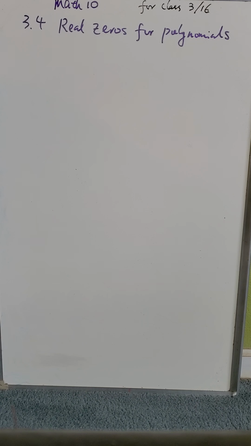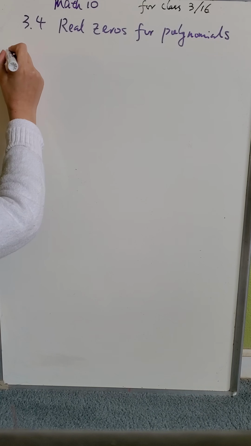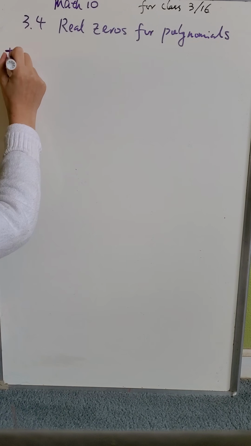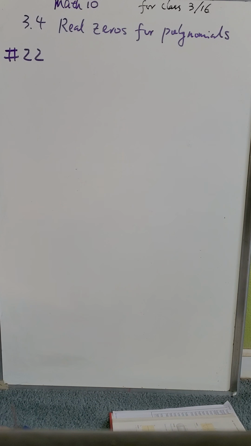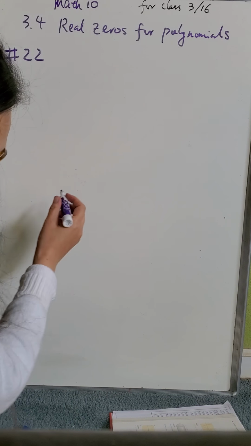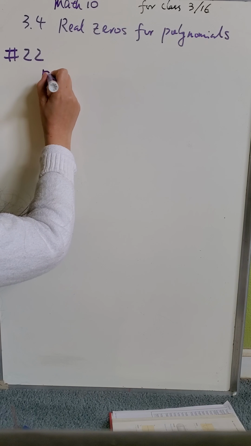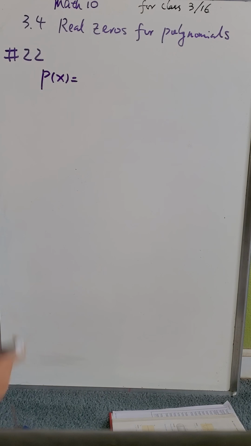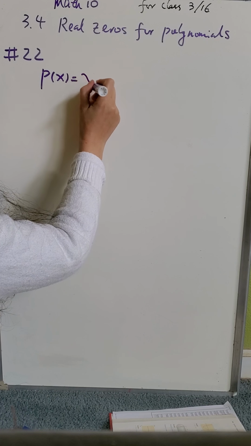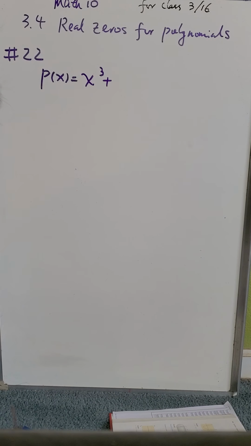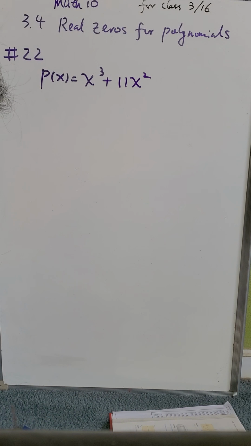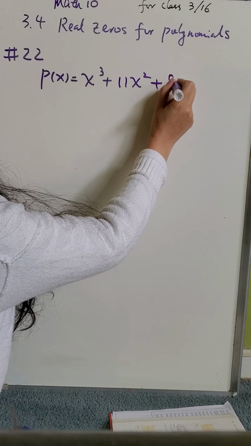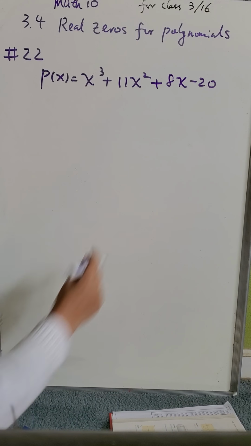Let's see a problem first, okay? Here's problem number 22. We are given a polynomial p of x equal to x cubed plus 11x squared plus 8x minus 20.